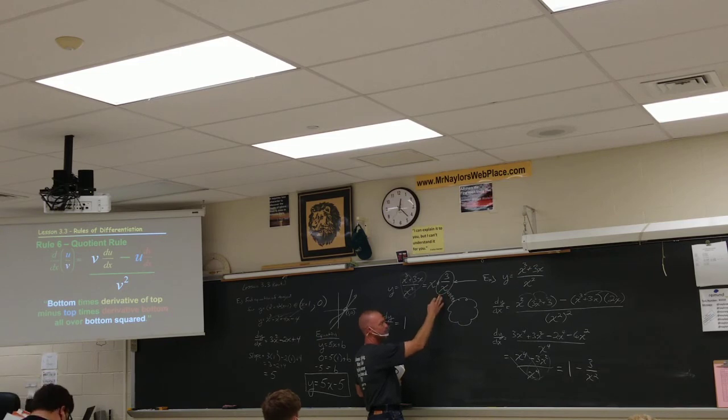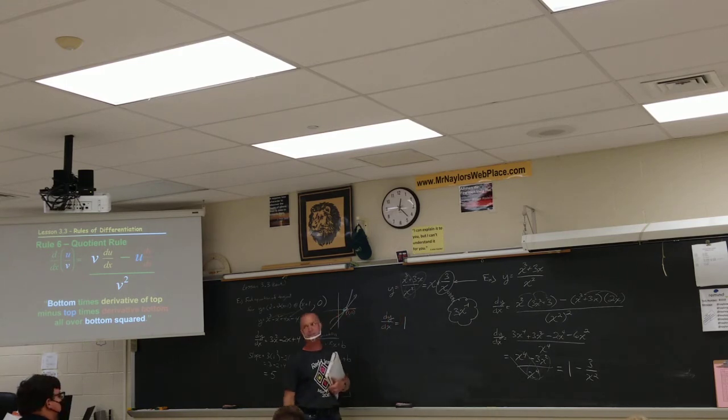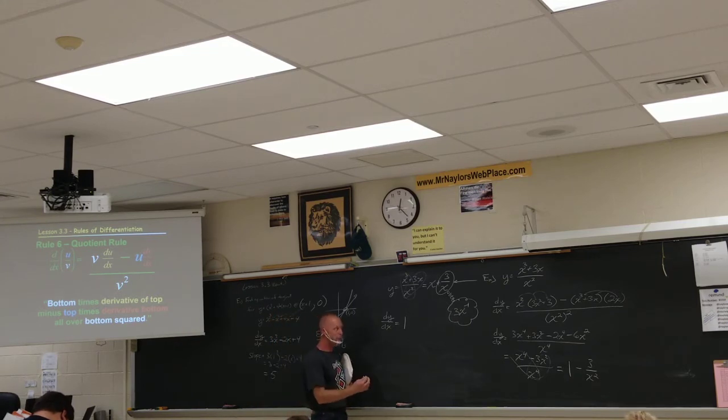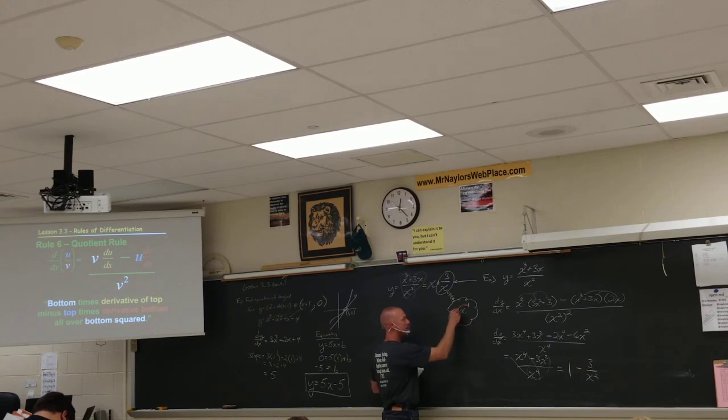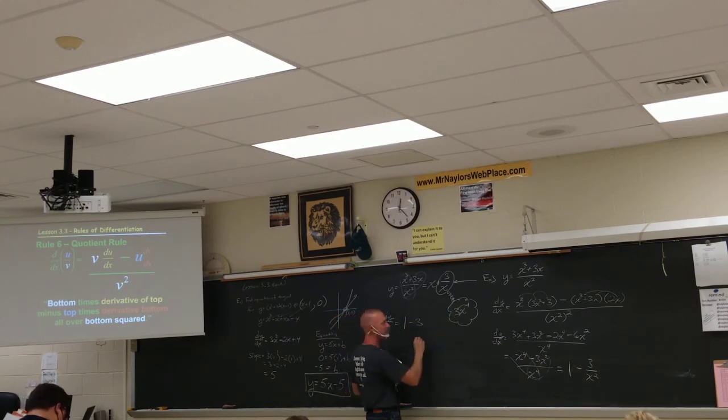To do the derivative of 3 over x, you have to think of it as a negative exponent. The reason being is because now it's a power. Now I can do the power rule. The power rule says that, of course, you bring the exponent down and all that nice stuff. When you bring the exponent down, you multiply and get -3.